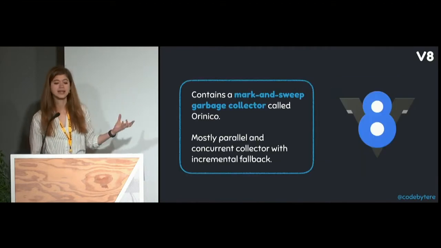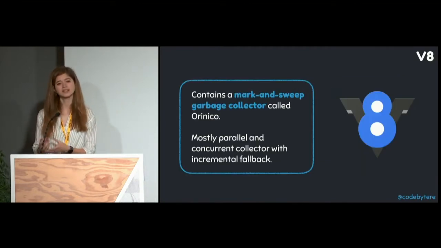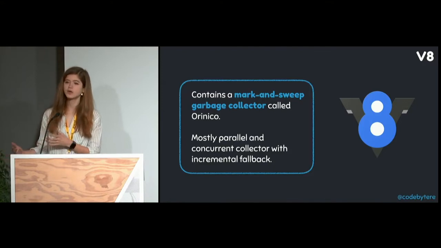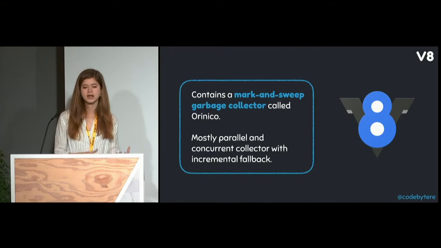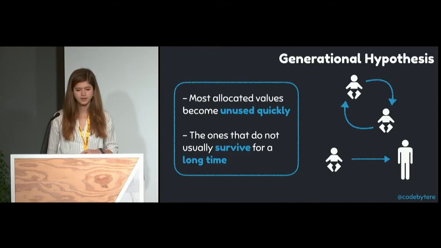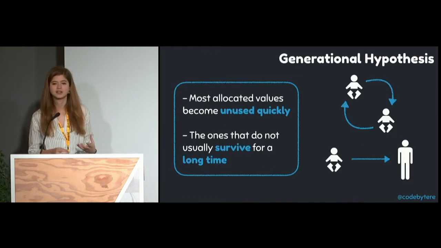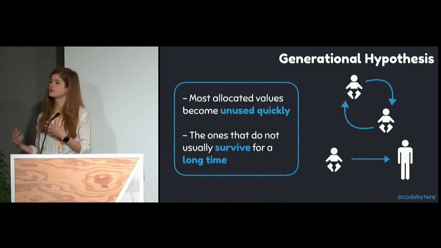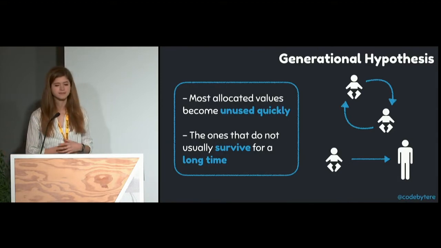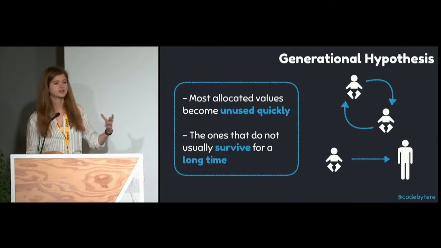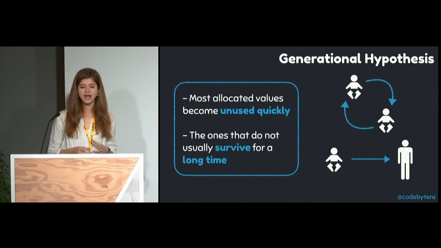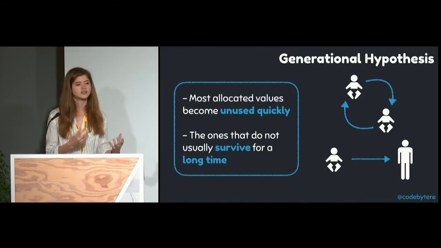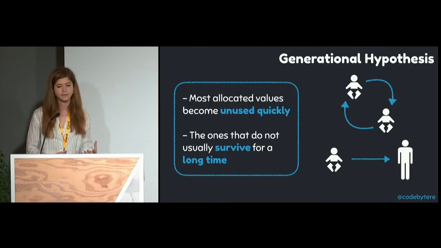It also contains, importantly, a mark and sweep garbage collector, codenamed Orinoco, which has two components, major and minor. The minor garbage collector relies on something called the generational hypothesis. Computer science research over time has resulted in an observation that most allocated memory falls into two categories within a given program.